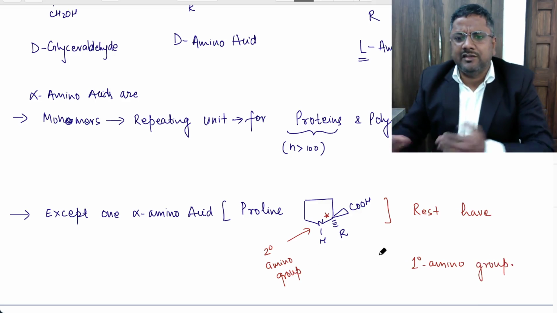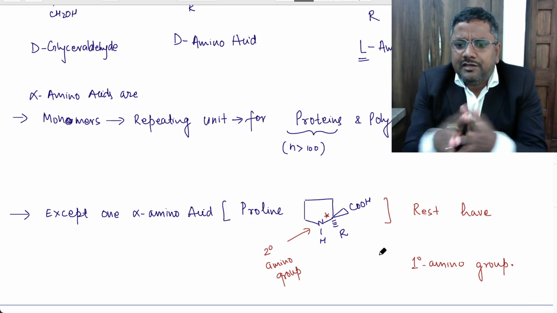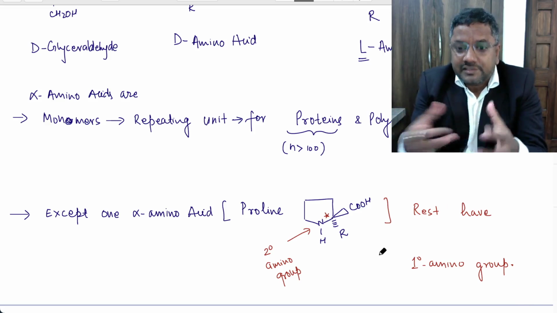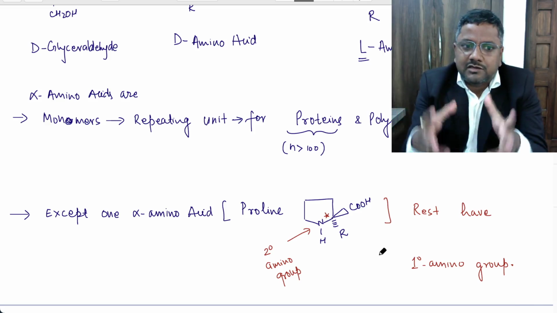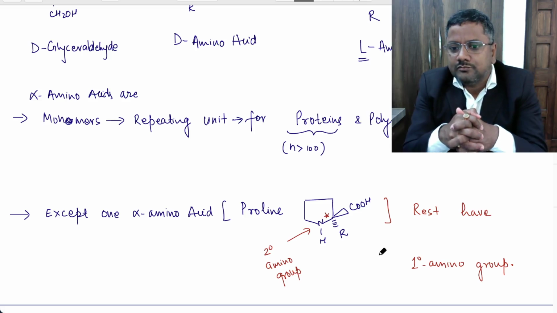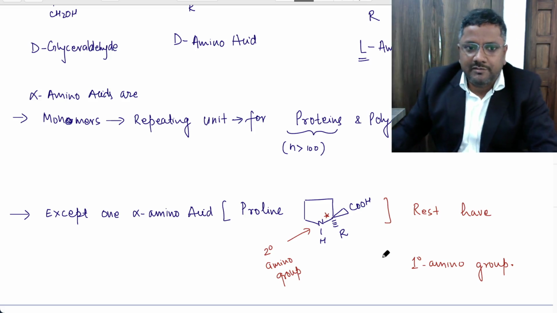These are important pieces of information, because all 19 have the NH2 group, but one has this NH group. So these types of questions may be important.